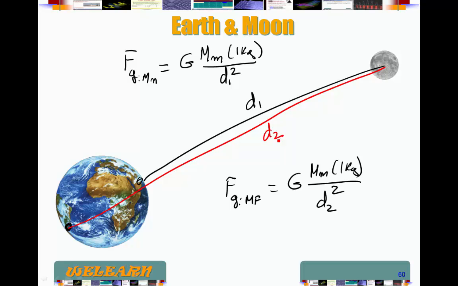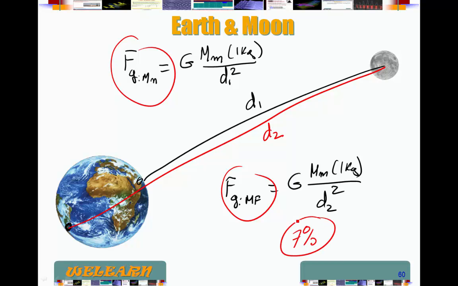If we were to calculate these, and I'm not doing it in this particular case, we'll find that the values, this one and this one, are going to be different by about 7%. The difference between them is about 7%, which is not a small number.